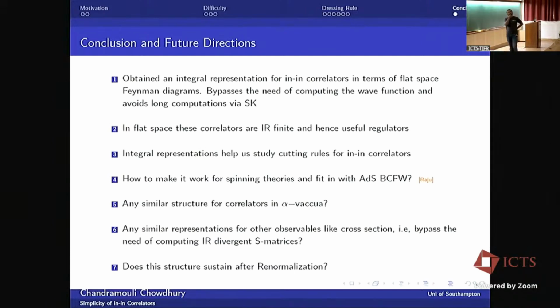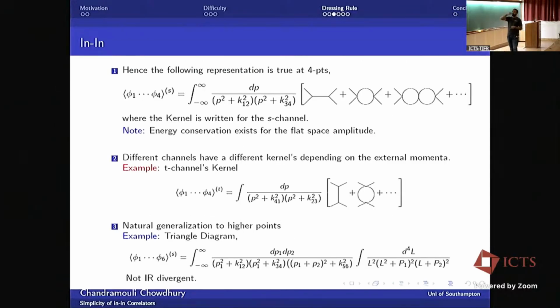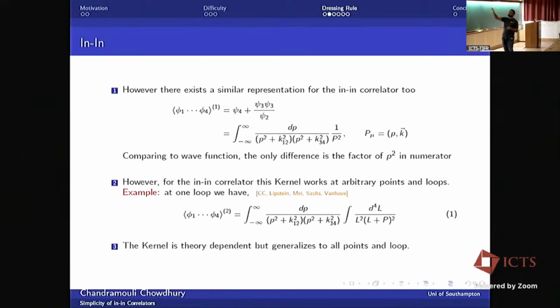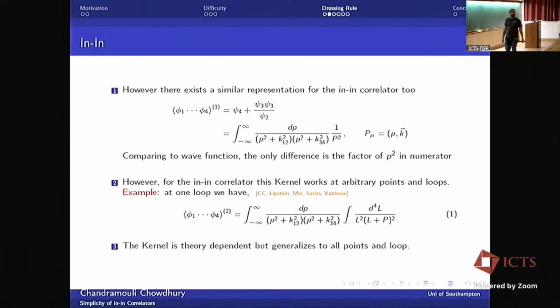So could you say a little about how this relates to this in-out formalism that also doesn't compute the wave function? Yeah, good. So for this particular theory, the massless theory in flat space, the in-out formalism would have given you the same answer. In fact, if you use the formulas that are predicted by the in-out formalism, you see this 1 over p squared is really the in-out correlator.